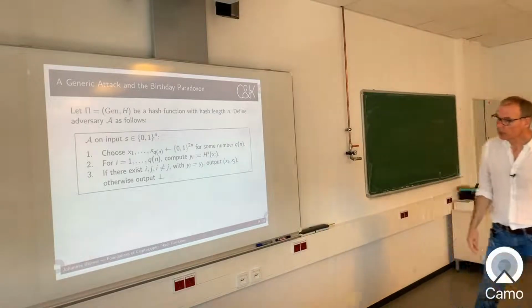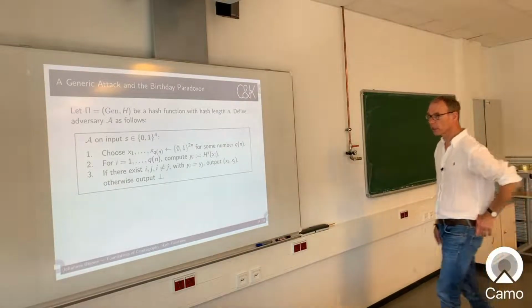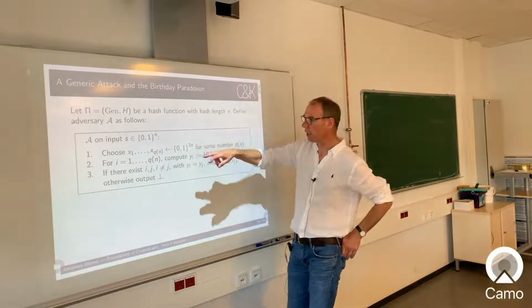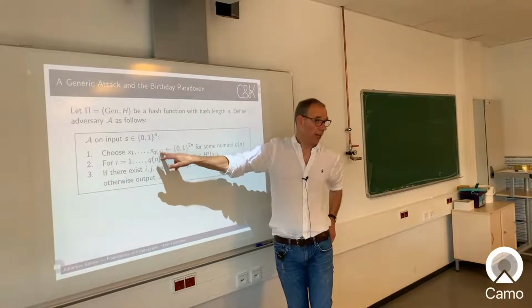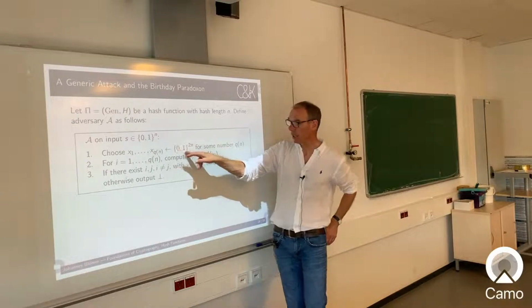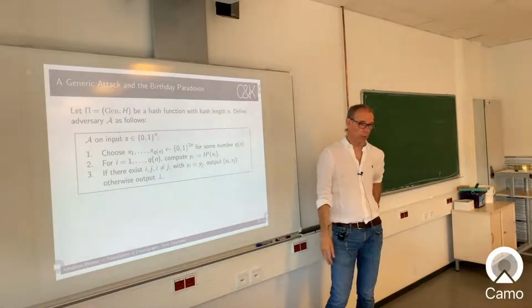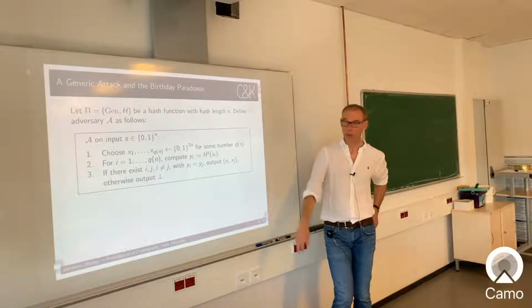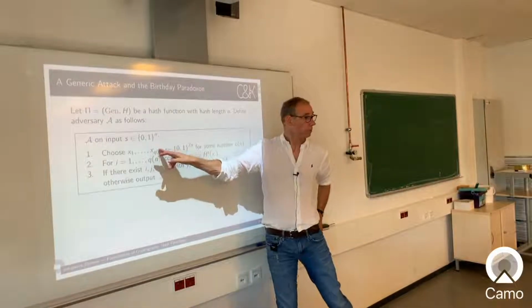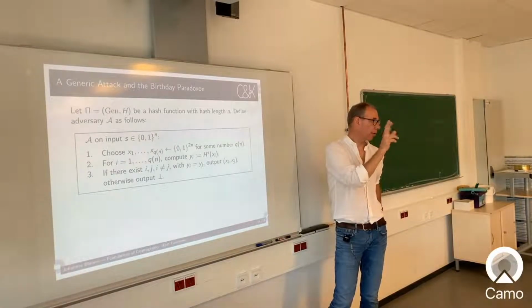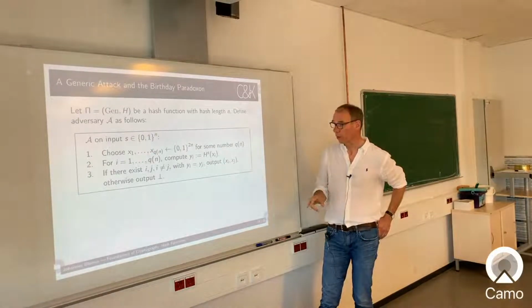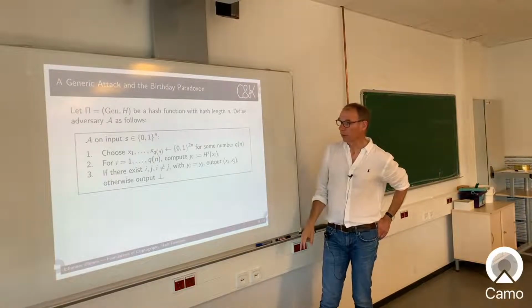And so the adversary on input a key from {0,1}^n picks q(n) many elements uniformly at random from {0,1}^(2n). So q is some parameter. Don't necessarily think of it as a polynomial. It would be longer. For some number q(n).